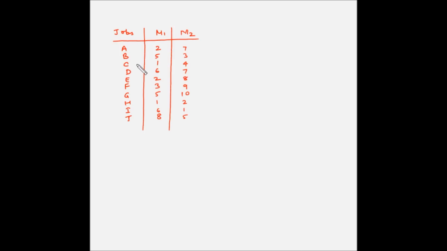So we have jobs A, B, C, D, E, F, G, H, I, and J, and we have two machines, M1 and M2, and we have been provided the processing times for these jobs on machines M1 and M2, which is in hours.